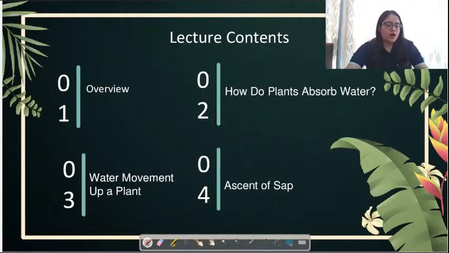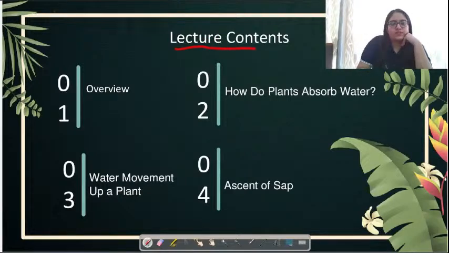I am here to discuss all these lecture contents, and I want everybody to pay attention to this slide. So see kids, what are we going to do in this class?